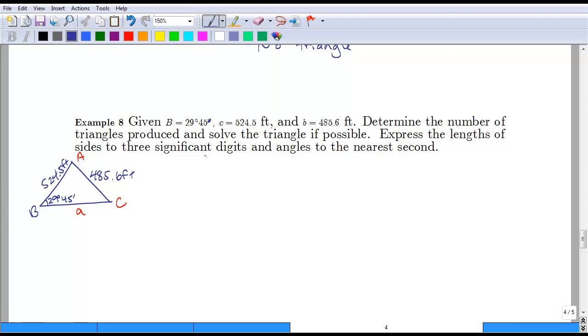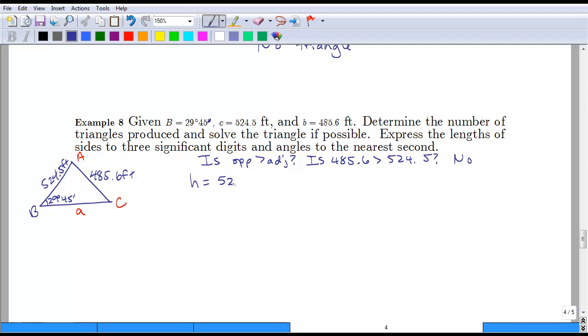Now, first question, is the opposite side greater than the adjacent side? In this case, is 485.6 greater than 524.5? Well, no, it's not. So we need to find h.